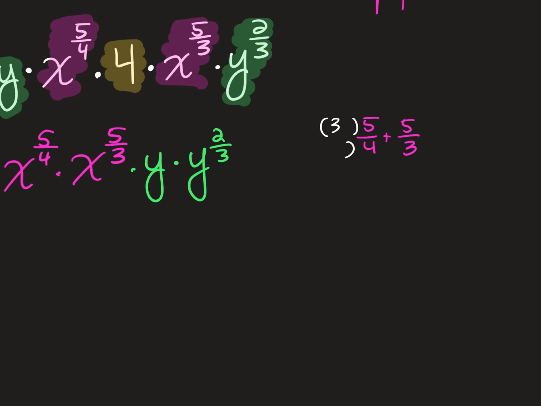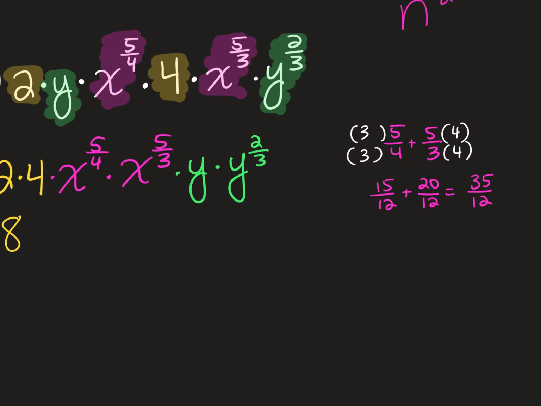Multiply this one by 3 over 3 and this one by 4 over 4 to get a common denominator of 12. All right, so let me get, let's see, 15 over 12 plus 20 over 12 equals, what, 35 over 12? Okay. That's going to be our exponent for x.